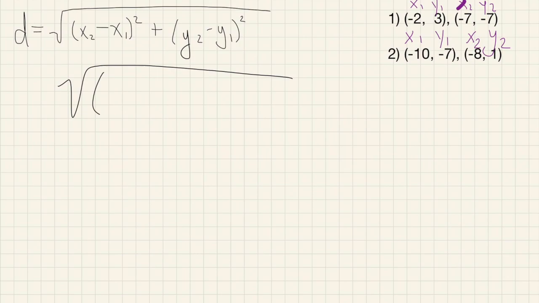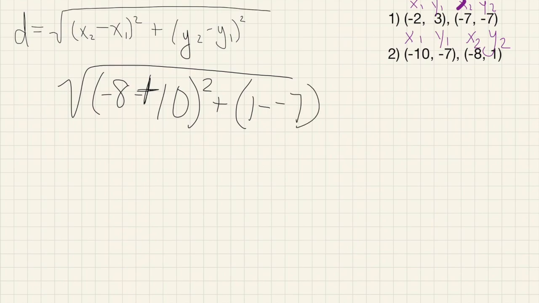So x2 is -8 minus my x1, which is -10, squared. Add a line, change the sign because there's two negatives next to each other. Plus my y2, which is 1, minus my y1, which is -7. Add a line, change the sign.